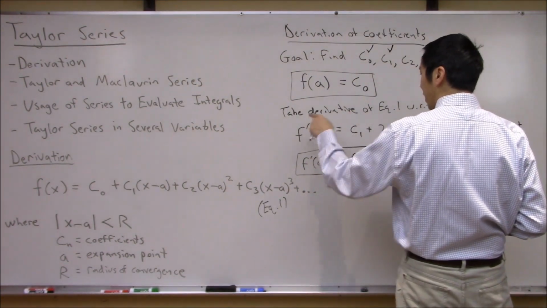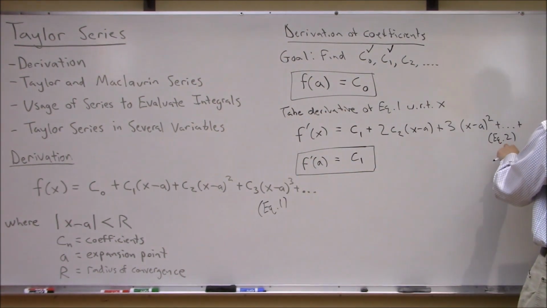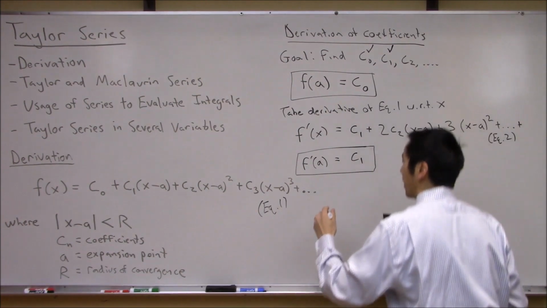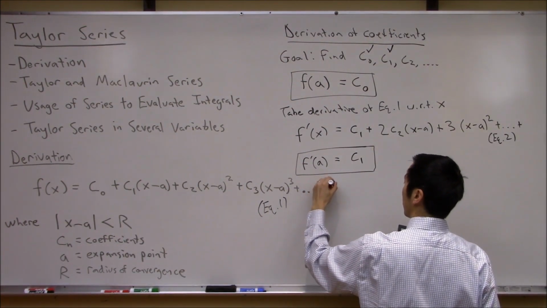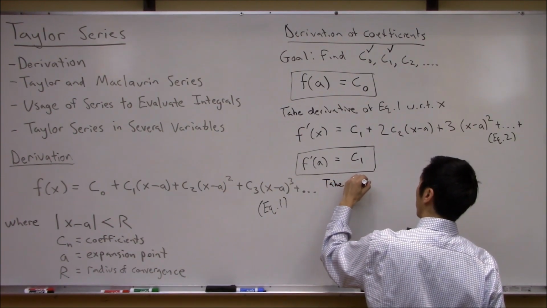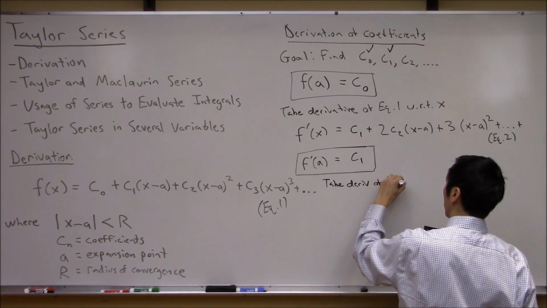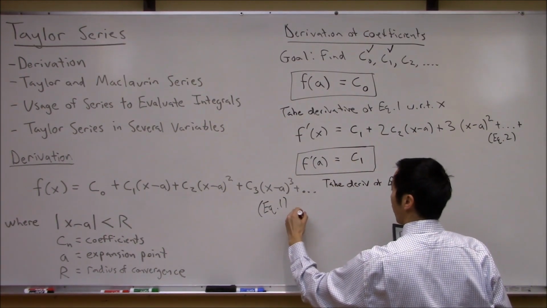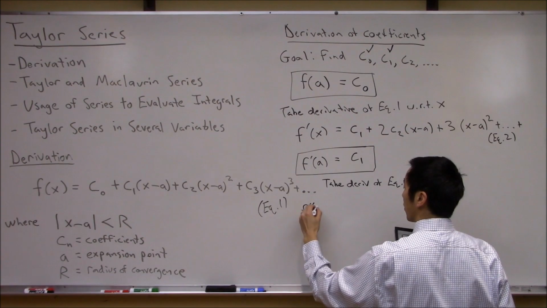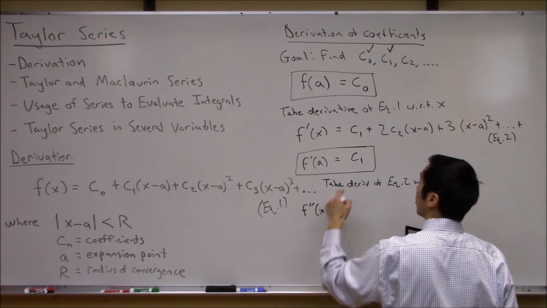Okay, let's keep going. Let's take the derivative of equation 2 with respect to x again. Shucks, running out of room, didn't manage the board very well here, but let's do this here. So take the derivative of equation 2 with respect to x. That is f double prime of x. So I take the derivative of this.